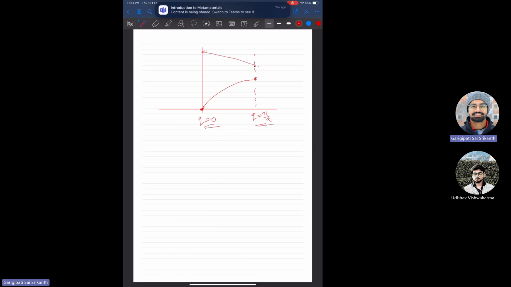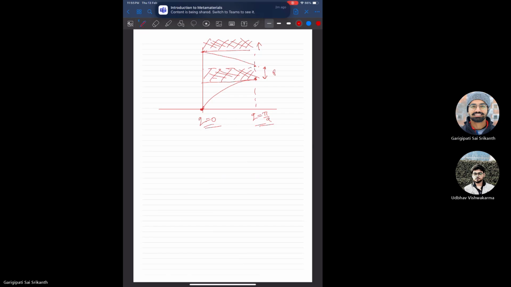Now, what are these values going to be? And this is the band gap region, right? And this is the cutoff region. So in the monomer case, we saw that there is something called a cutoff above which there are no stable propagating solutions. Whereas here, for the first time, we are seeing something in between the pass bands.